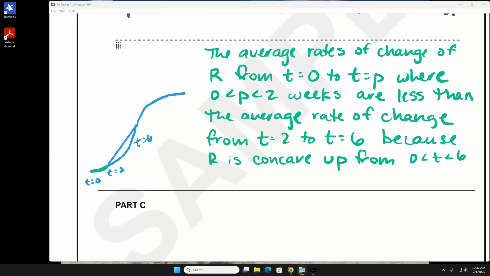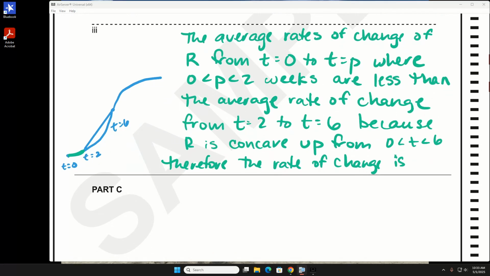Now, most of the time, concavity doesn't change on these problems, but in this case, it does. So try to remember if it's something like this, that you have to be specific about where the function is concave up. Therefore, the rate of change is, what do y'all think? Concave up? Increasing.